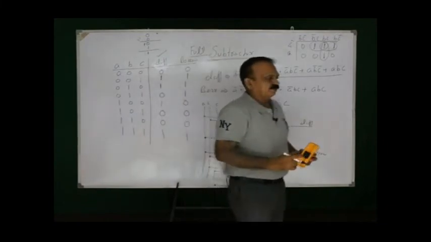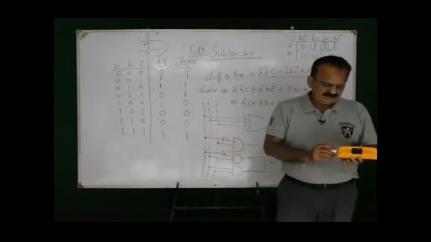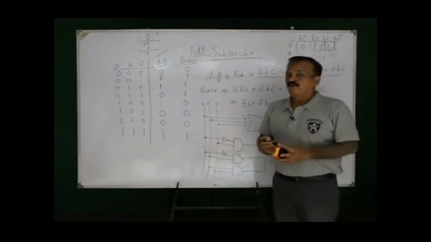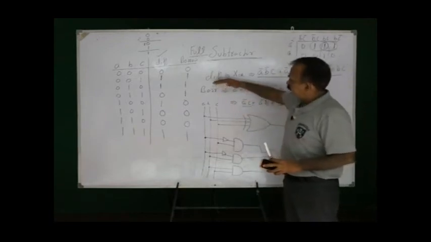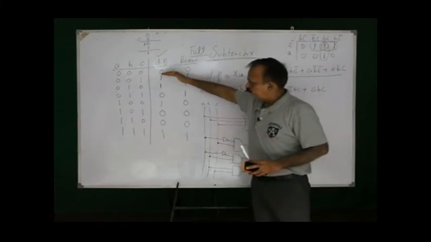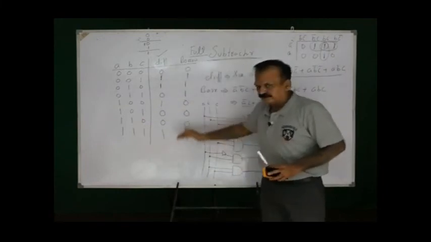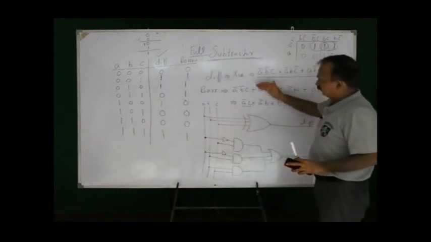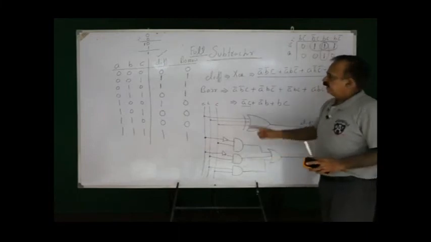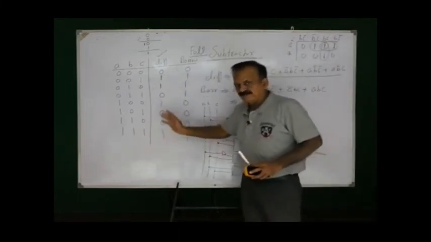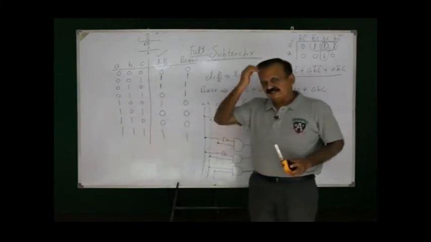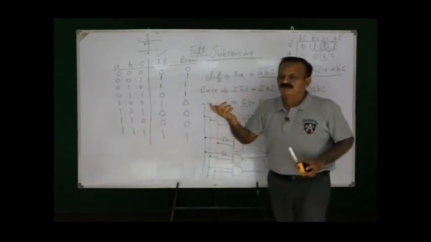Now this particular circuit is the full subtractor, from the expressions which we derived from this truth table, and we implemented these by using the gates. Here the output is high when the number of high inputs is odd, that is why we selected exclusive OR gate.